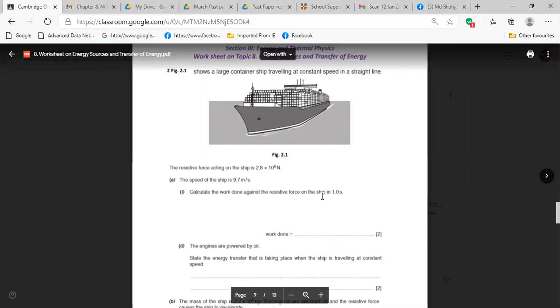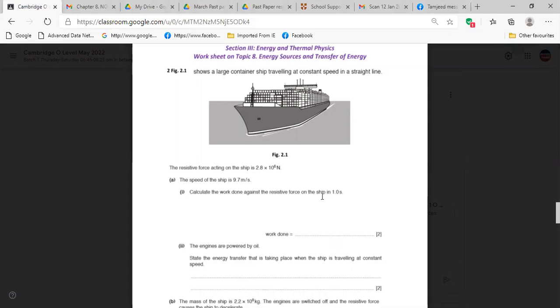They are asking us the work done against the resistive force on the ship in 1 second. So we have the distance moved in 1 second, right? 9.7 meter. So we have 9.7 meter per second here, 9.7 meter in 1 second.